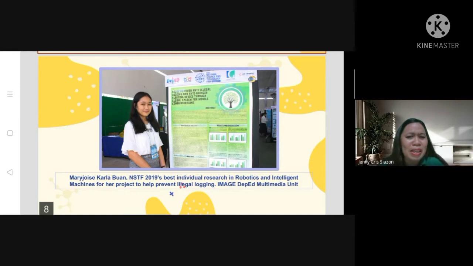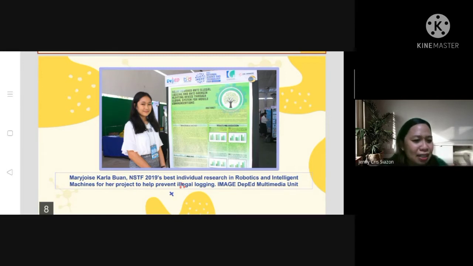Okay? So ano ba yung ginawa ni Carla? With 3,000 pesos, no? She was able to develop an alerting device that can detect the possible signs of illegal logging and kaingin.